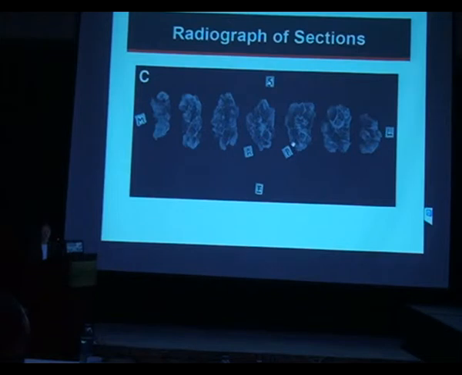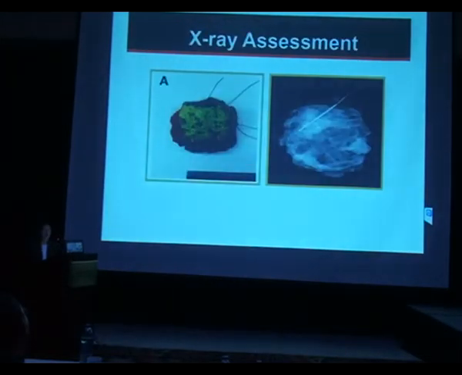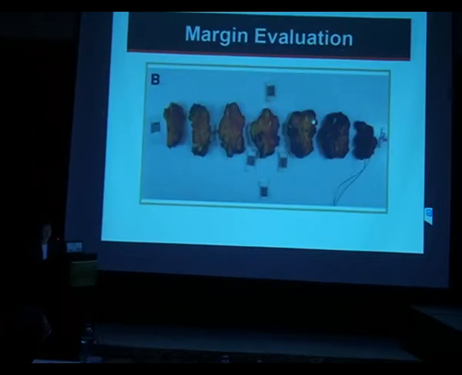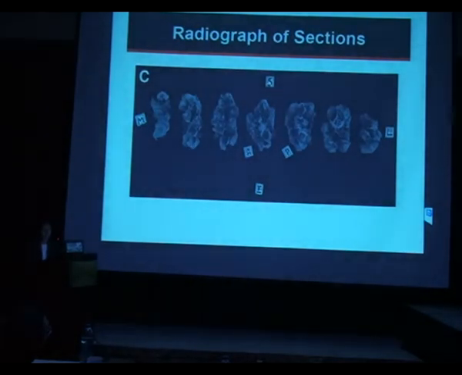The main goal of the first X-ray is to make sure that the targeted lesion is removed. So the radiologist helps us on this, and so this was the area which was targeted, and the surgeon removed the right area. The purpose of the second X-ray is not only to localize where the lesion is, but also to evaluate the margins.